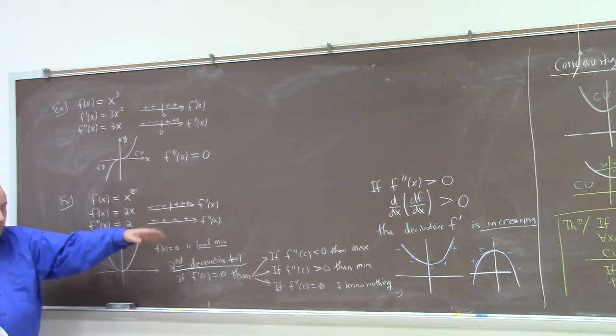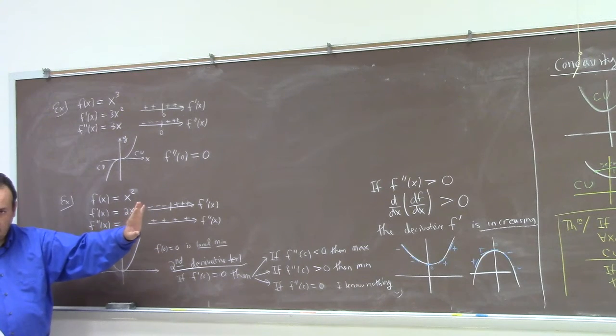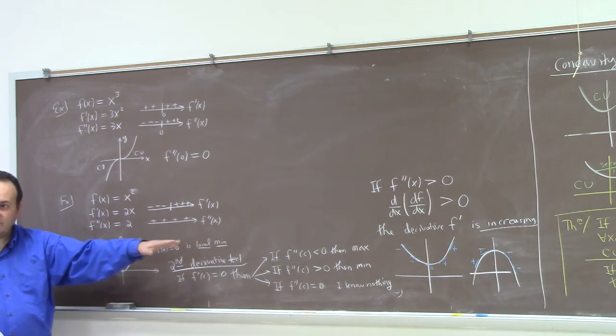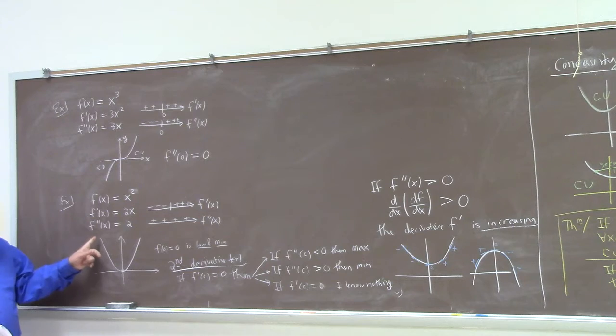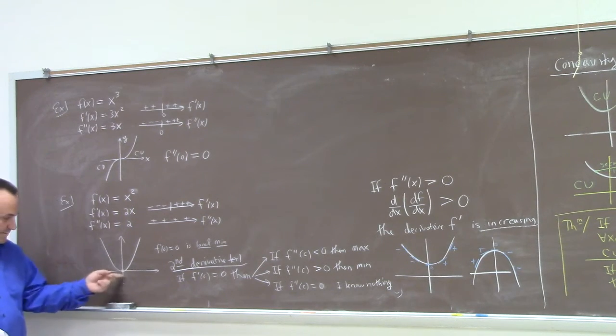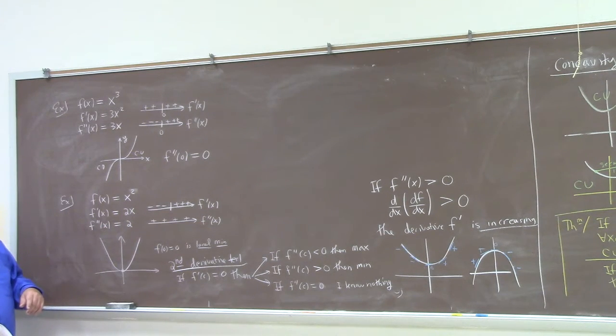If the second derivative is positive, it's a minimum. If the second derivative is negative, it's a maximum. See, this one has second derivative positive, and it's a minimum, right? The first derivative test, on the other hand, is never silent. It tells you max, min, or neither. All right. So the second derivative test is useful, but it is somewhat limited in its application.